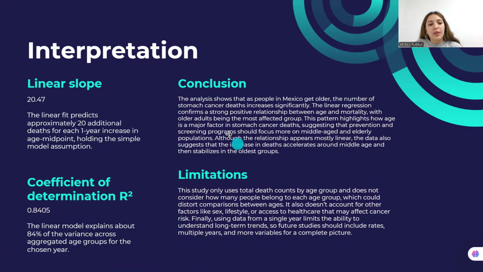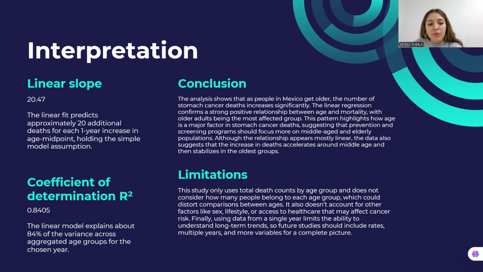With this, I got the interpretation that complements what I said before. First, we got a linear slope of 20.47. The linear fit predicts approximately 20 additional deaths for each one-year increase in the age midpoint, holding the model assumption that deaths increase as age passes.